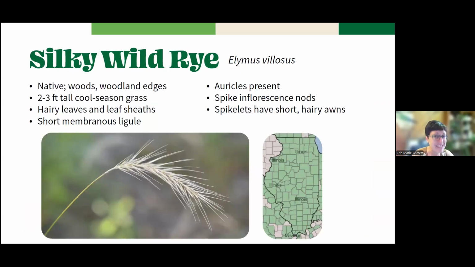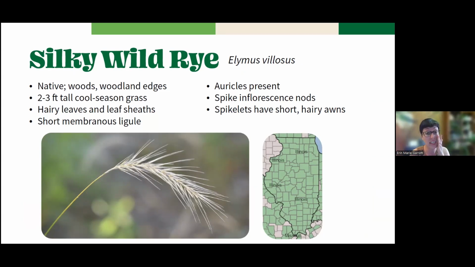Number 3 is silky wild rye, Elymus villosus, again found throughout the state in every county. In our woods and on our woodland edges, so kind of getting more of that sun-shade mix. This is going to be more on the size of the Virginia wild rye, a little bit shorter. Again, has a lot of the same characteristics. I don't need to go through them all individually, but what's different on this one is it's going to be hairy.